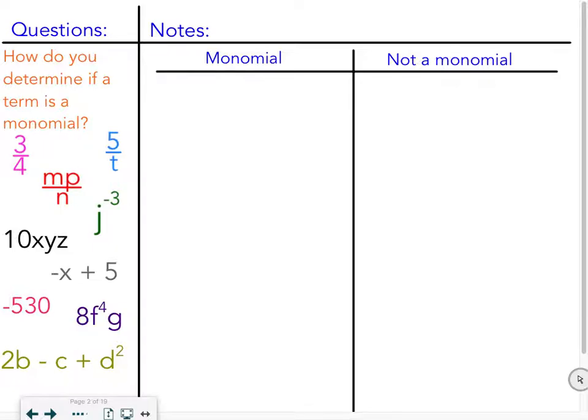Okay, now we're going to determine if a term is a monomial. You don't need to write the terms on the left. We will end up dragging them all over to these two columns. So you just need to write them once they're over on the right-hand side. So a monomial can be just a number.